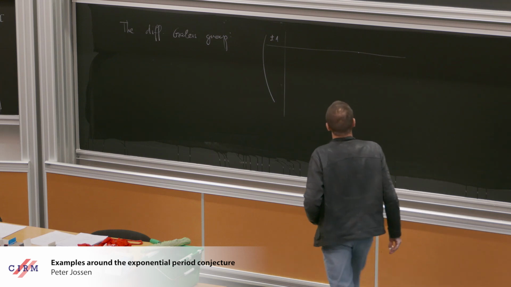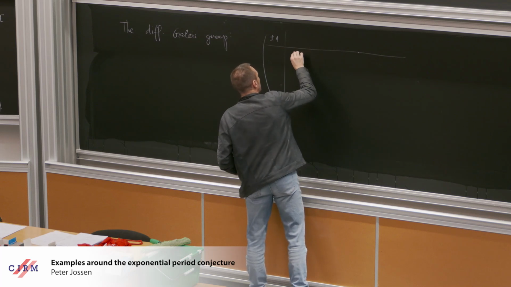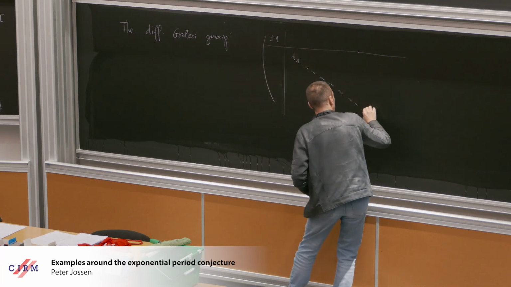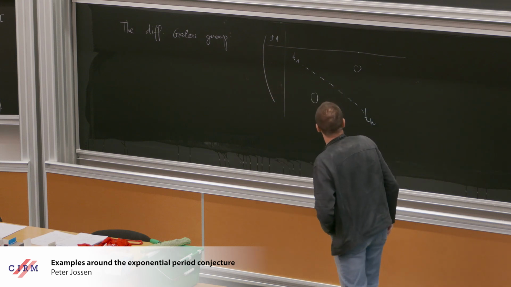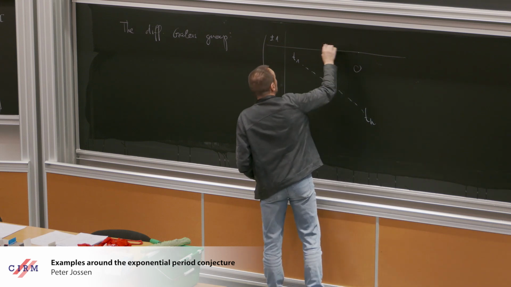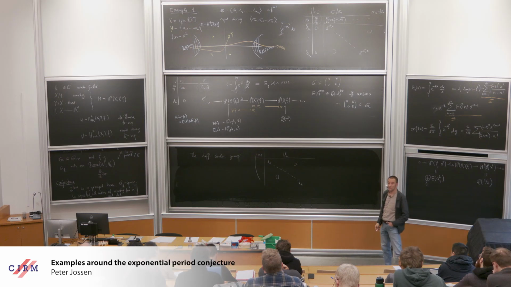It's an algebraic piece. Then down here you get a torus T_1, ..., T_n. I'll tell you what it is. And up here, you get a vector group, I call U, and it's the unipotent radical of the Galois group.